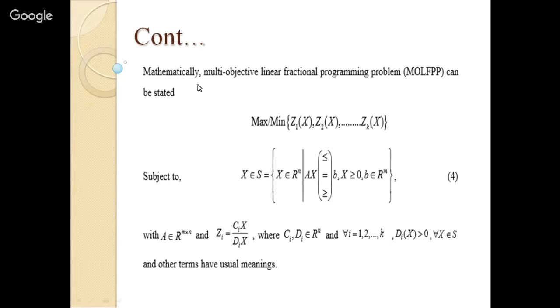The feasible set is denoted by S, the set of x such that Ax is less than or equal to b, x is greater than or equal to 0. Other terms have their usual meanings. A is the coefficient matrix, b is the requirement matrix, Z is C upon D. These are the cost matrices, C in the numerator and D the cost matrix in the denominator.